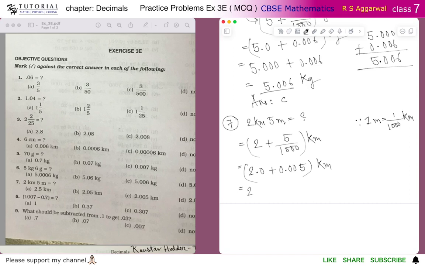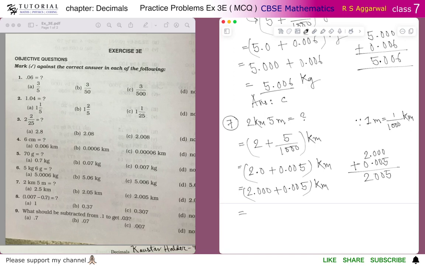First convert them to like decimals, and then do the addition of the like decimals by writing them in column form, so that the decimal points are in the same column and the respective digits of the decimal part and the whole part are in the same column. Then you add just like whole numbers, and we get 2005.